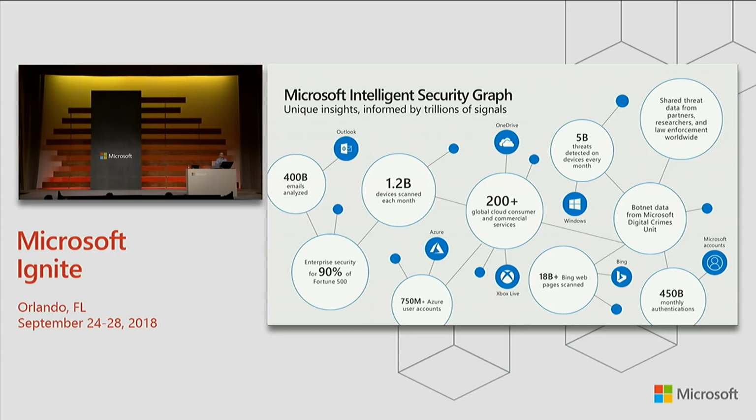We're able to detect 5 billion threats a month. That's malware. That's huge volume malware. And our optics give us the ability to do that. We have amazing amounts of email that we're scanning, and so we have all this data. And if you look at our competition, they don't have that data set to reason over. And at the end of the day, security is a big data problem, right? We've got the data set, we got $1 billion to apply to it, and we're super motivated to take advantage of it. So we are in this great position with the data and the graph and the analytics behind it.